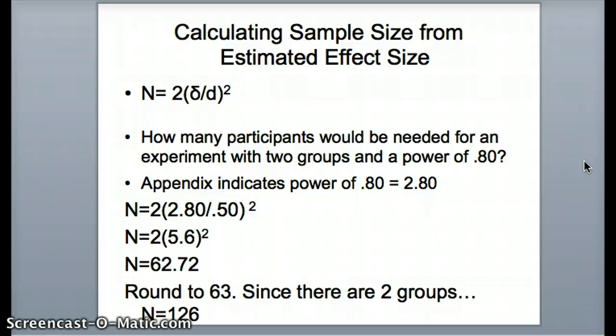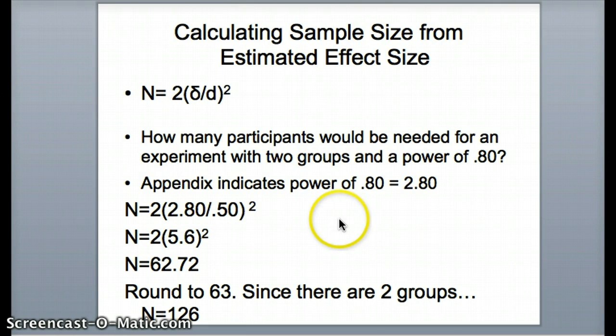Again, there's nothing written in stone about those numbers. You can change those numbers around to try different values and see what you get, but just as a sort of Zen middle path, a power of 0.80, 80% is pretty decent, and an effect size of 0.50, medium effect size, if you don't actually know the parameters, is a pretty decent value to sub in.